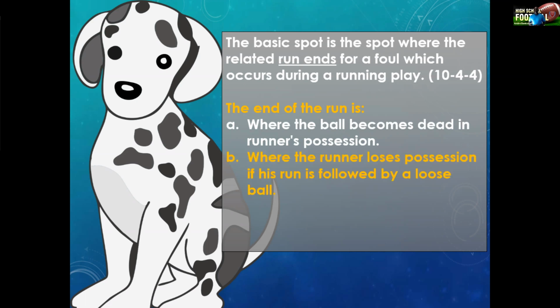Where the runner loses possession, if he runs, is followed by a loose ball. Okay, this is why we drop beanbags on fumbles beyond the line of scrimmage. Believe it or not, you do not need a beanbag behind the line of scrimmage. Now I'll tell you why in a minute. You only need a beanbag on fumbles beyond the line of scrimmage.